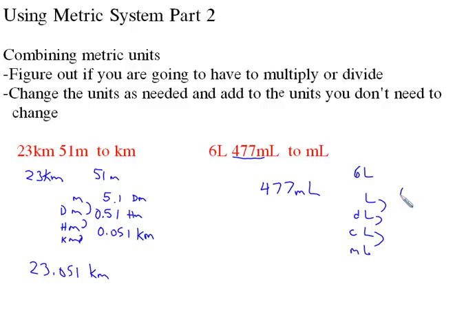So if I've got 6, then I'm going to end up with 60 deciliters. I'm going to end up with 600 centiliters. And that means I'm going to end up with 6,000 milliliters. So now I just add those two together. I've got 6,477 milliliters. And we're done.